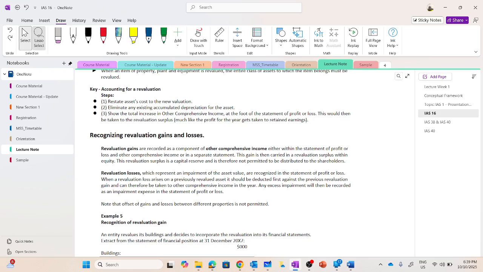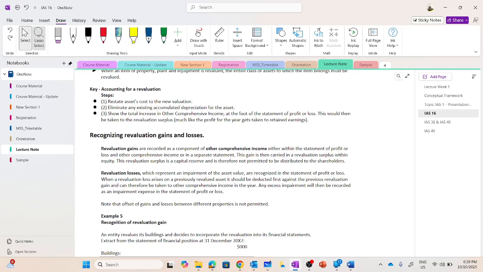So much like the profit for the year gets taken to the retained earnings, we are going to look at it as well. So now we are going to look at how we can recognize the revaluation gains and losses. Very important concept. Now, revaluation gains are recorded as a component of other comprehensive income, either within the statement of profit or loss and other comprehensive income, or a separate statement.